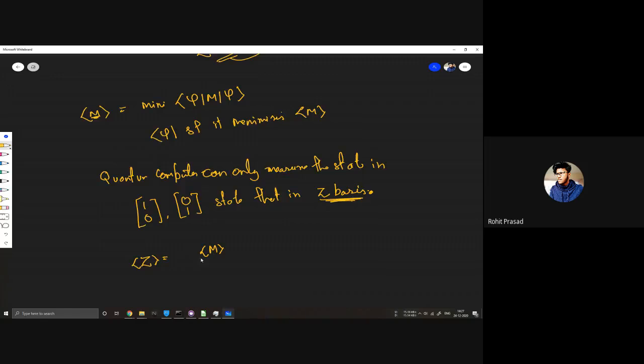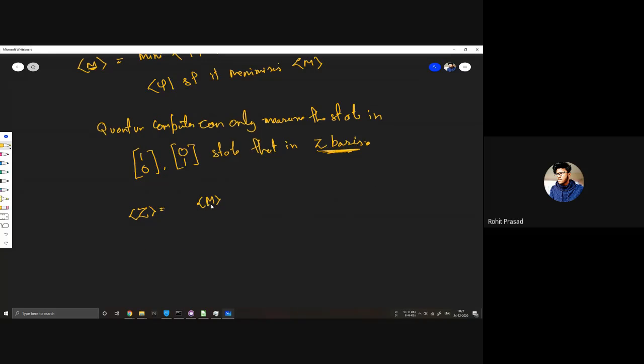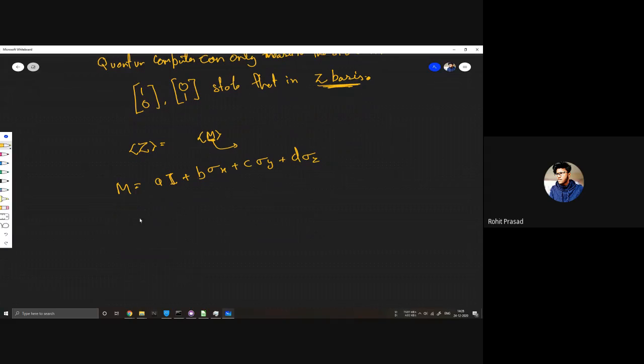So we need a decomposition such that M can be written in this form. So we use M is equal to A identity plus B sigma x plus C sigma y plus D sigma z. Okay, so for this Z, we can just measure it in the direction, up or down. For identity, it's the same.